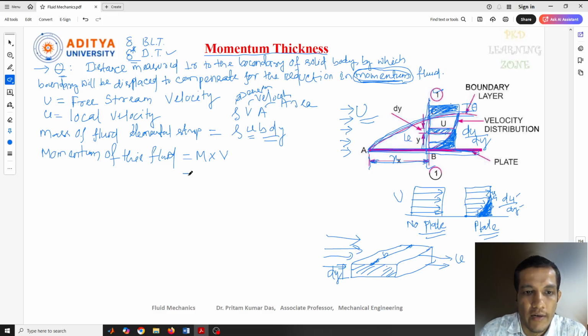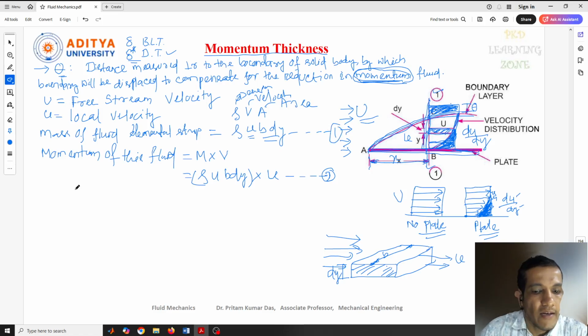So we can write rho u squared, or rho u b dy into small u. We give this equation 2, because equation 1 was already given for the mass.